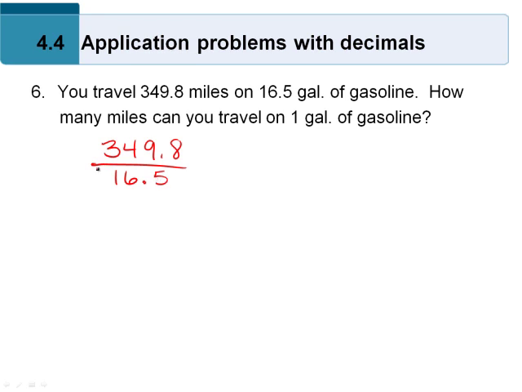It's going to be division there. You can set it up like a fraction if you want to. So we're going to take 349.8 and divide it by 16.5, and we get 21.2. And this is miles, because that's what we're trying to figure out. How many miles would we travel?